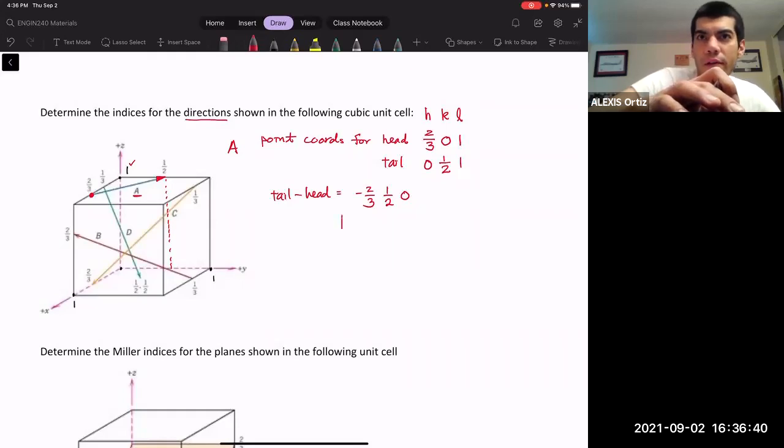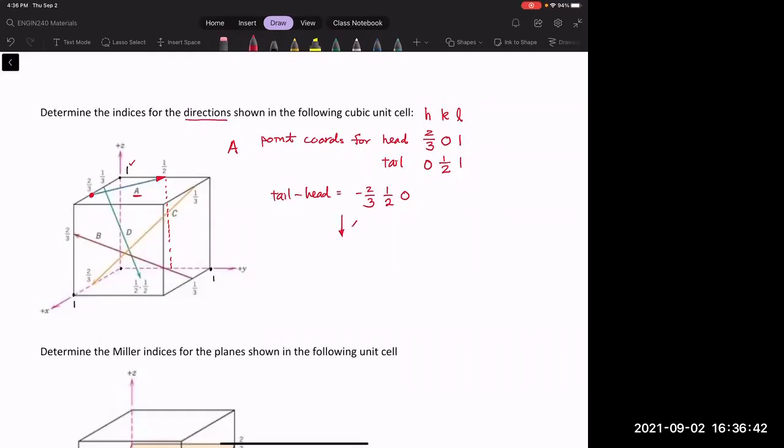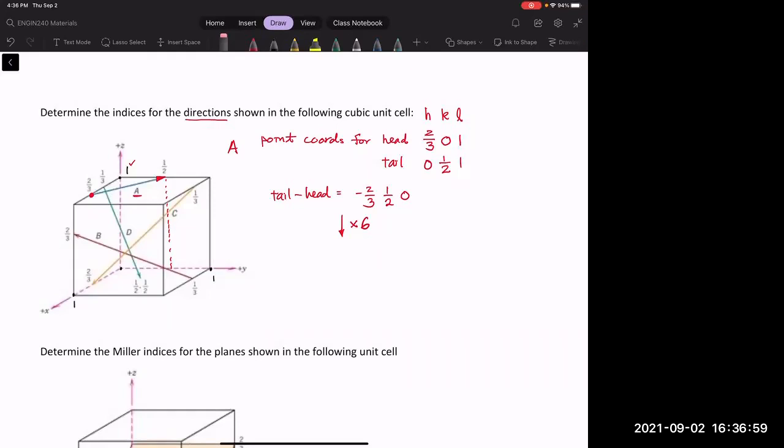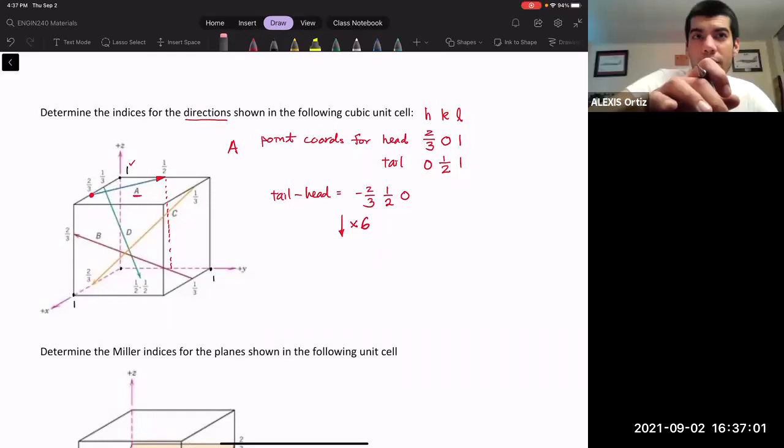Sorry, Professor, I have a question. For the HKL, you said we're doing A, and the head is where the dot is and the tail is where the arrow is. And H is the coordinate on the x-axis?